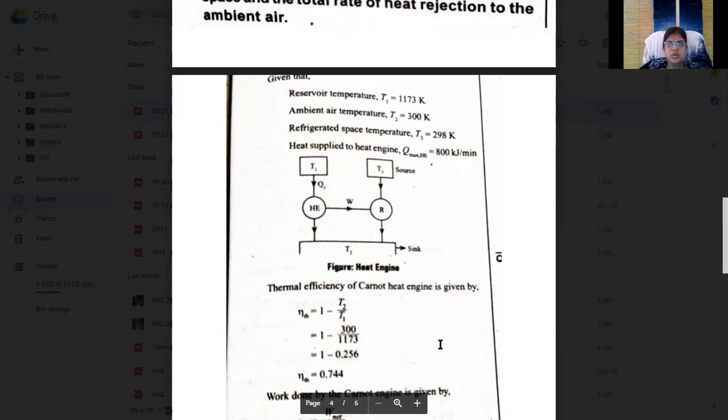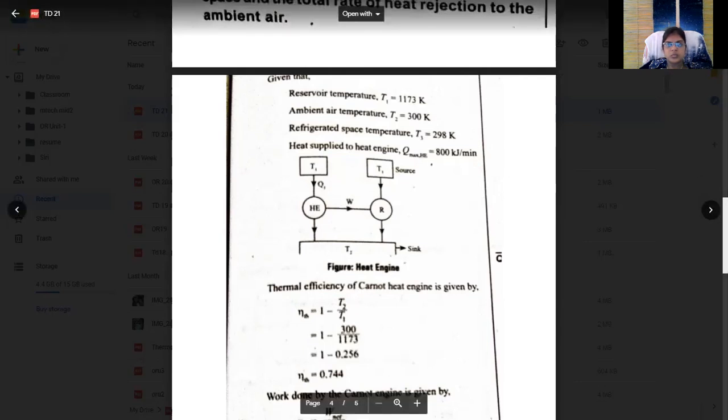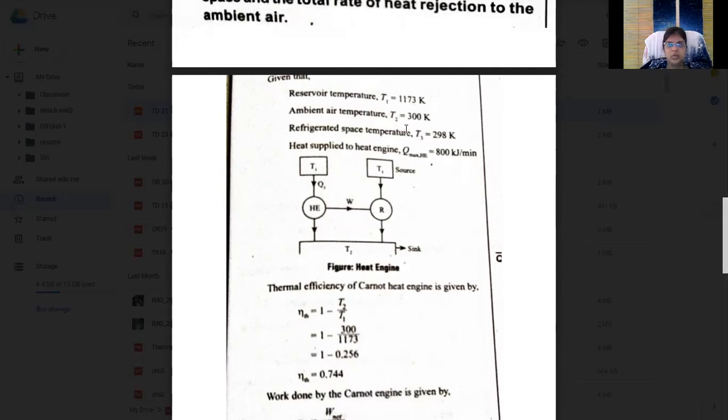1 minus T2, here it is 300. Whatever the temperatures are here: the ambient air temperature, the reservoir temperature, and the refrigerated airspace temperature. So we can put T2.